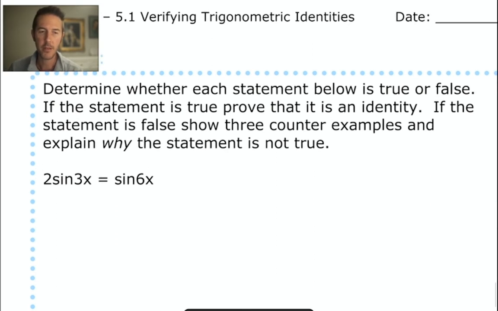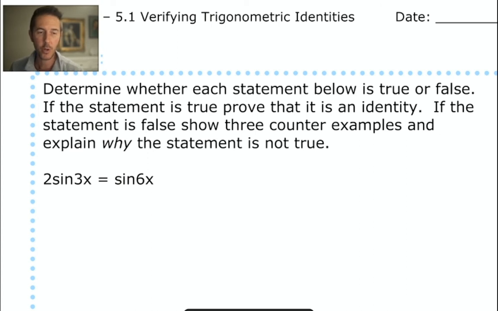This is asking us to find 3 counterexamples, but if you've ever been in a relationship where there was reason to not trust the other person, do you really give them 3 attempts? 2 maybe, but the second one pretty much seals the deal. I don't have to disprove this thing 3 times. I'm just going to try to find one x value that makes it not true.